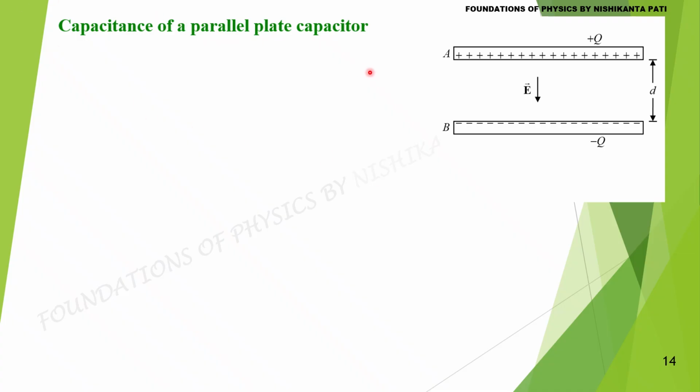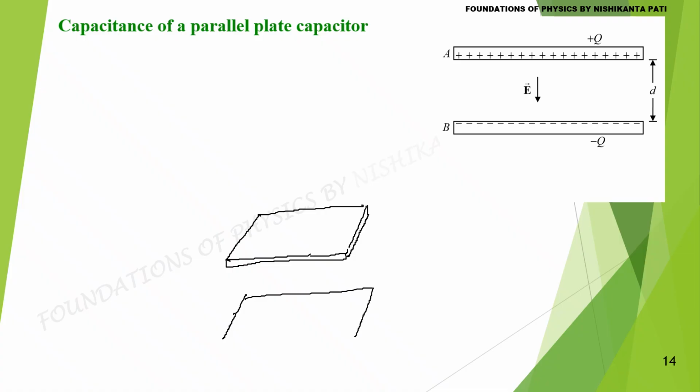Now the capacitance of a parallel plate capacitor. A parallel plate capacitor consists of two conducting plates of equal area parallel to each other, like so. Think this is a conducting plate, and below it another conducting plate.